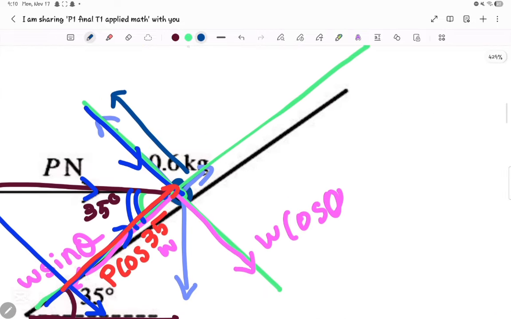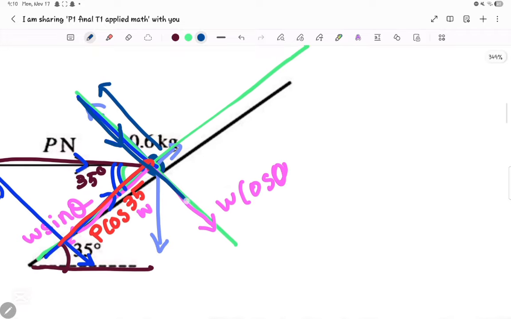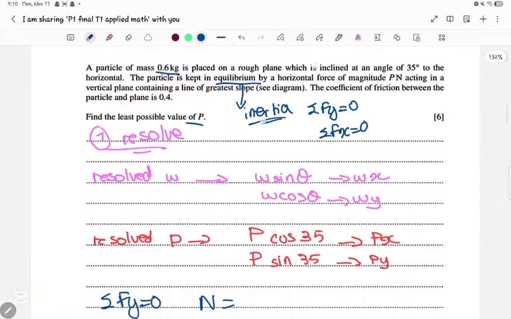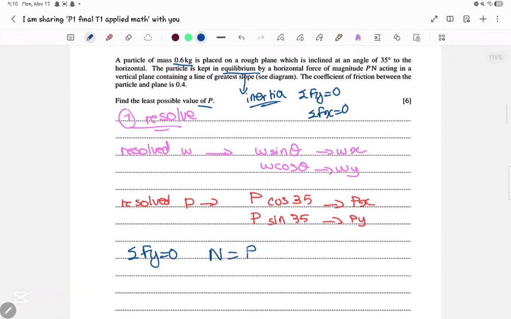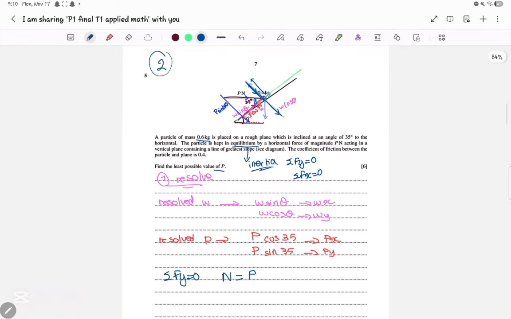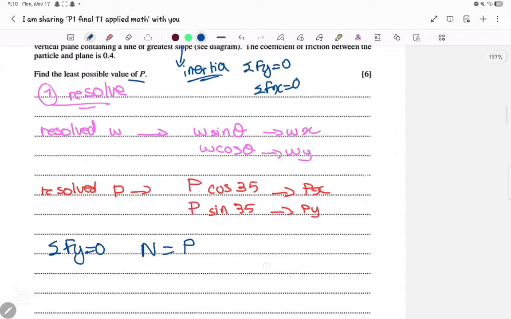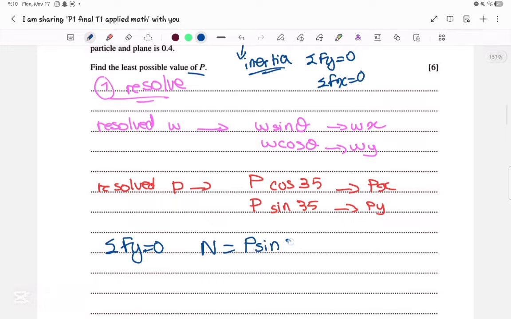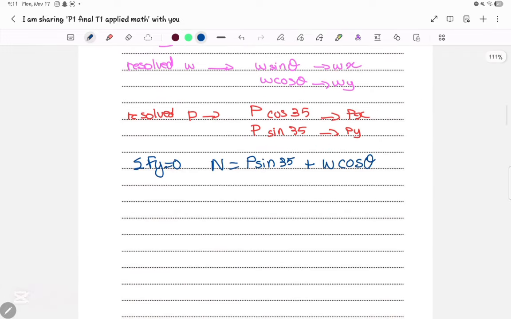Then I have two forces acting downwards, which are Py and W cosine theta. So N is equal to Py, which is P sine 35, in addition to W on the y-axis, which is W cosine theta. This is sigma Fy equal to 0.